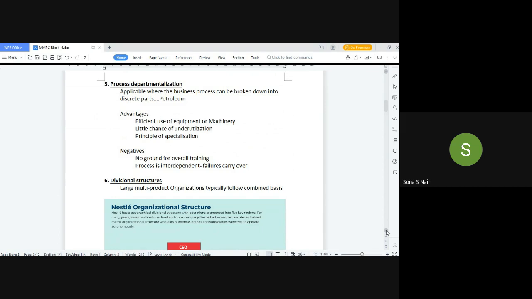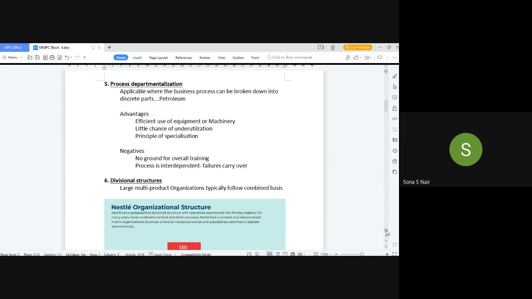Process departmentalization means that when the business process or the production process or the value chain can be broken down into discrete, distinct parts, we can have process departmentalization, wherein the first process takes place in some place, the second process takes place somewhere else.